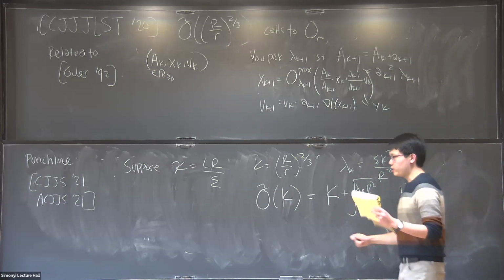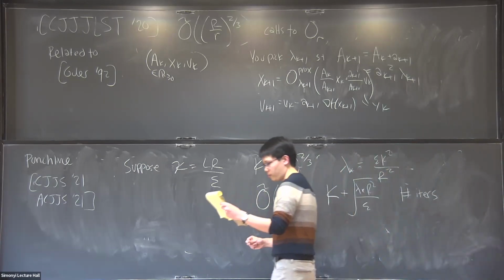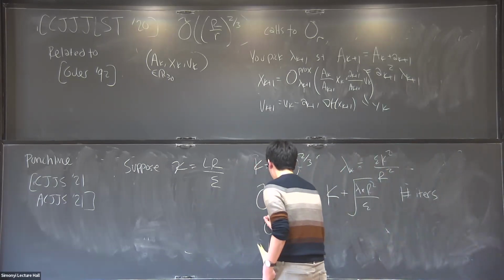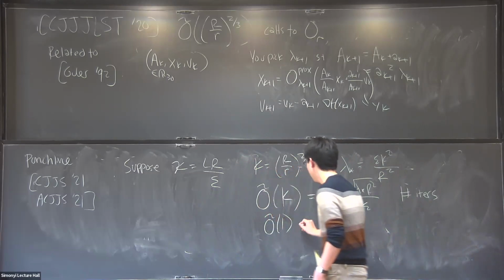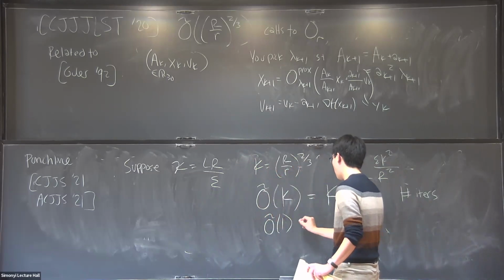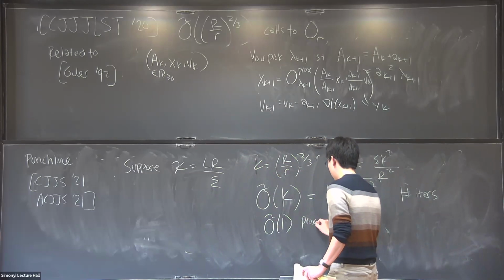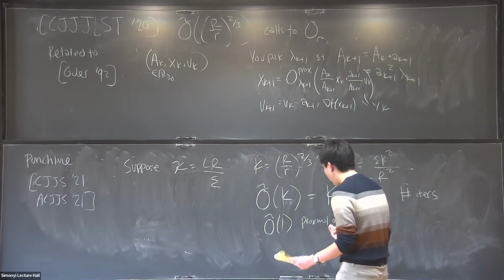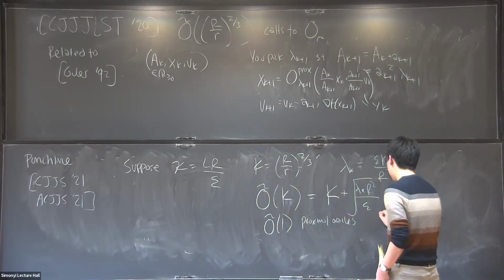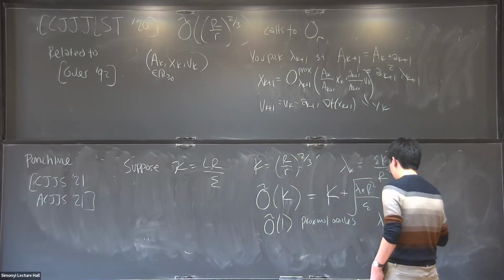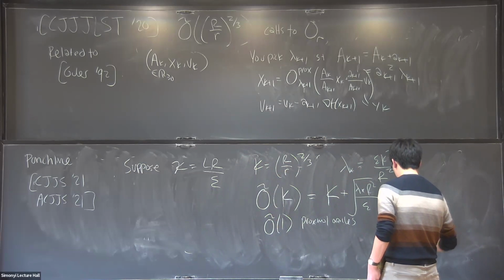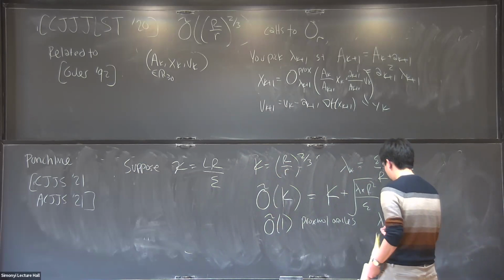And what do you need to do in each iteration? You need to call O tilde 1 proximal oracles to fairly low accuracy. So you need lambda r squared accuracy, and for a value lambda that's at least lambda star.